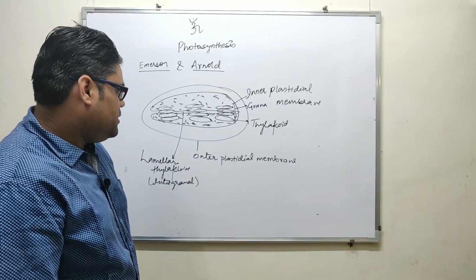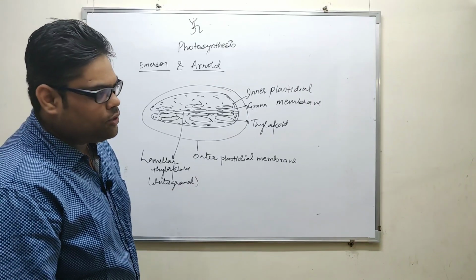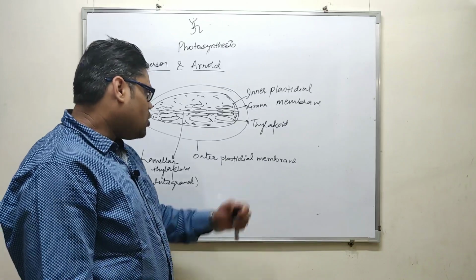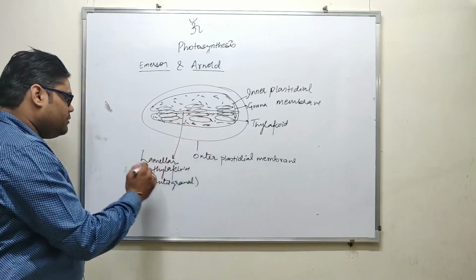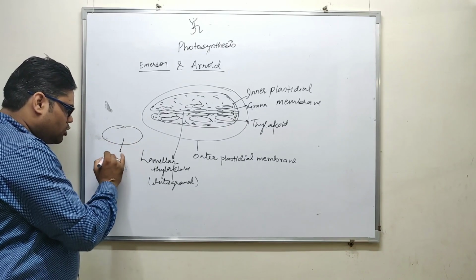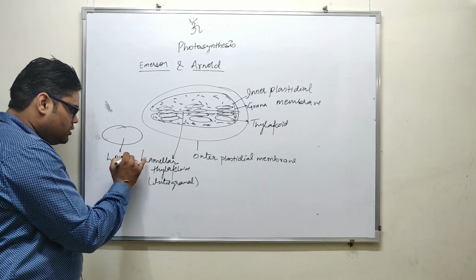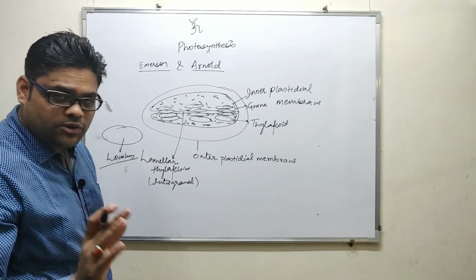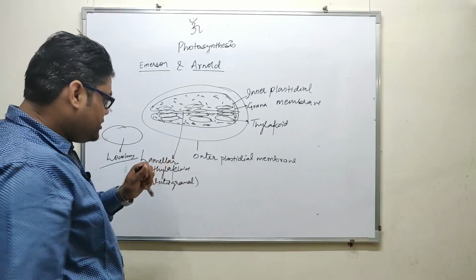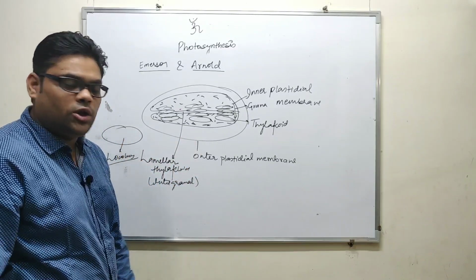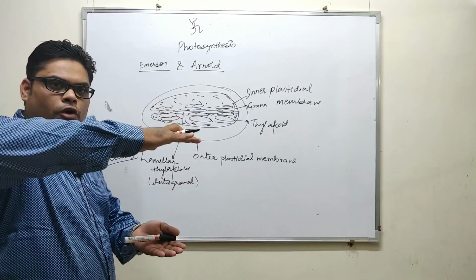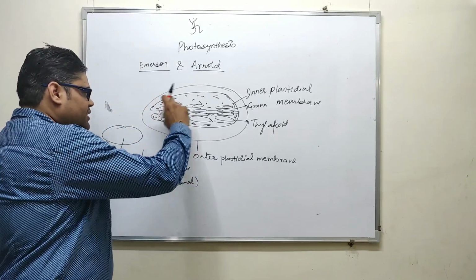I would like to give a little more information for NEET students: the inner space of the thylakoid is known as the loculus. Apologies for the spelling mistakes. Now the thylakoids are like bunches of coins, piles, stacks.